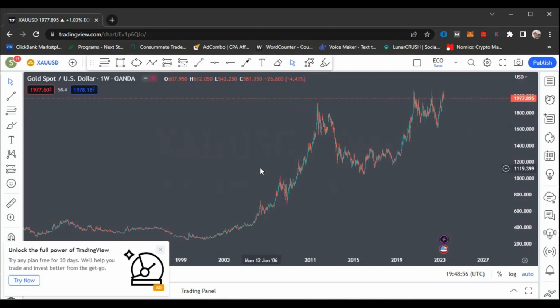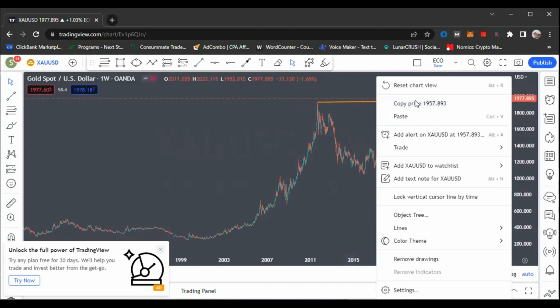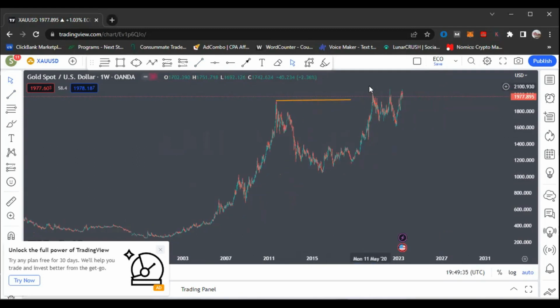So basically, this was our previous major high that was taken out. Okay, so this was our major high that was taken out on weekly time frame. Now after that, we have created a sweep at the top here, which confirmed this high and then also confirmed this as the low.